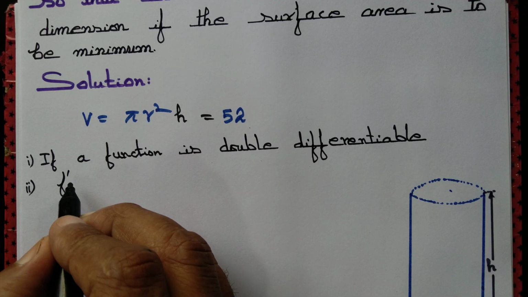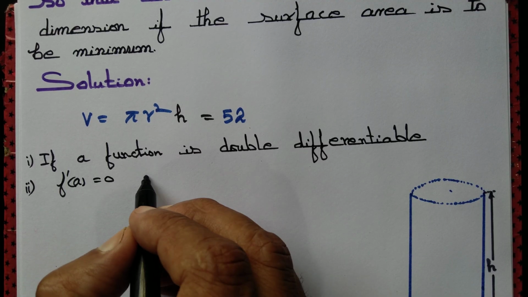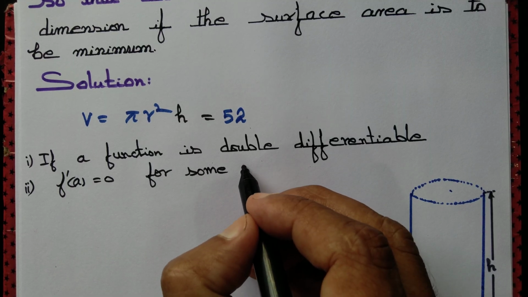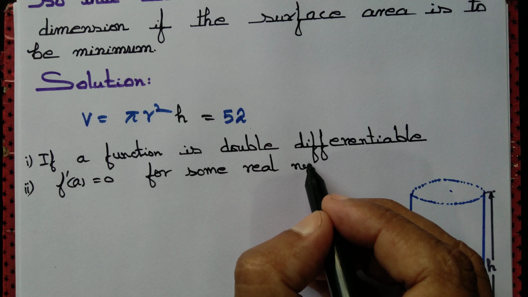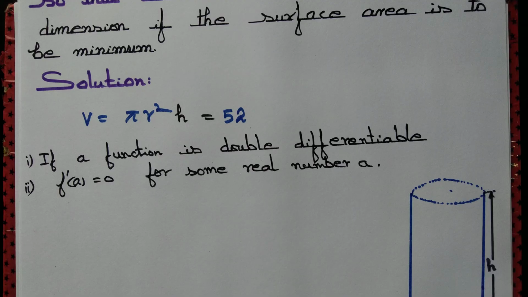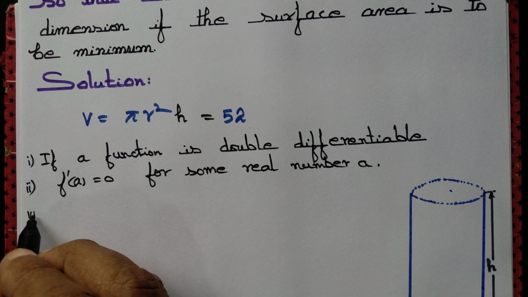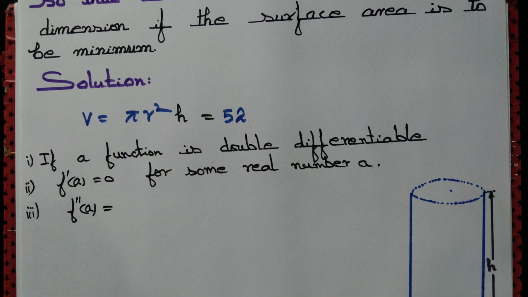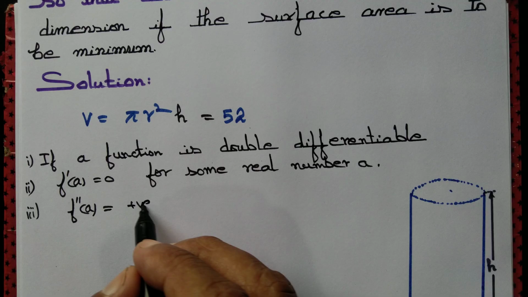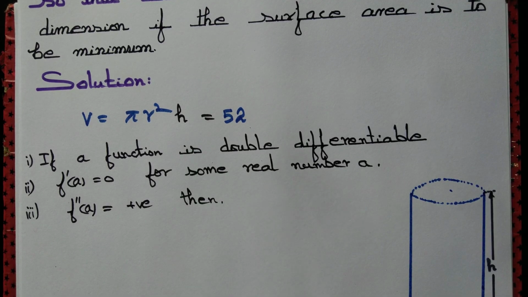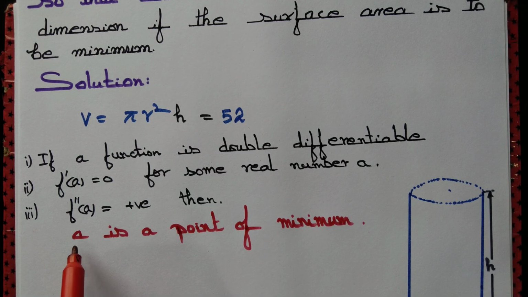Second, we want f dash of a equal to 0 for some real number a, so a will be the stationary point. Third, we want f double dash of a to be positive. Then we say that a is a point of minima, and in most cases a will turn out to be the point of minimum.